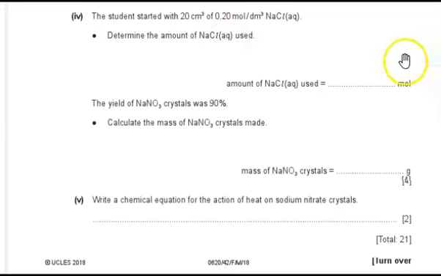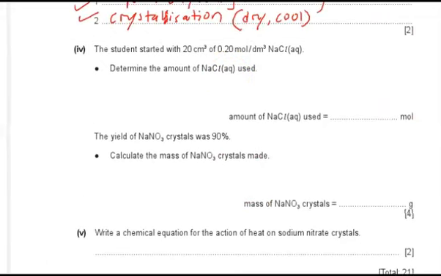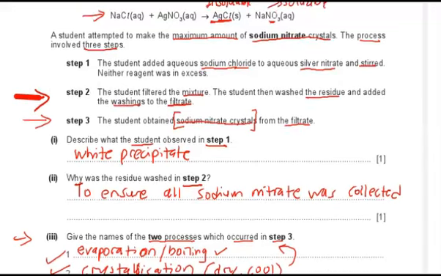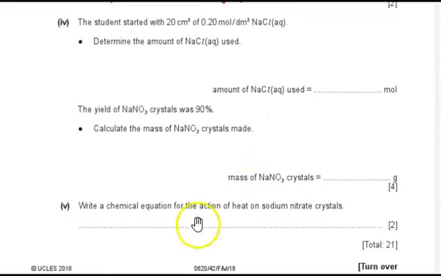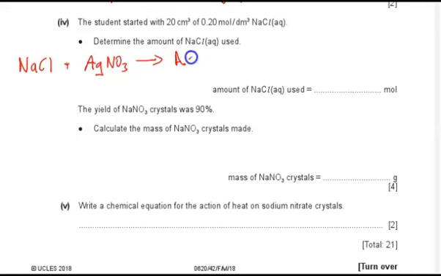Let me copy down the equation here: sodium chloride plus silver nitrate gives silver chloride and sodium nitrate.